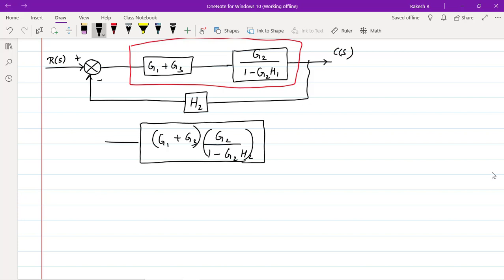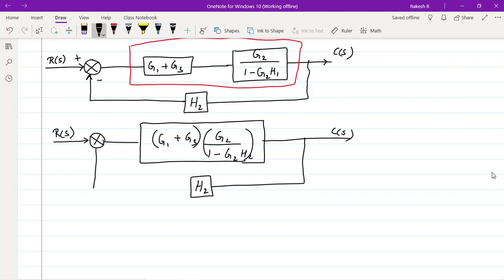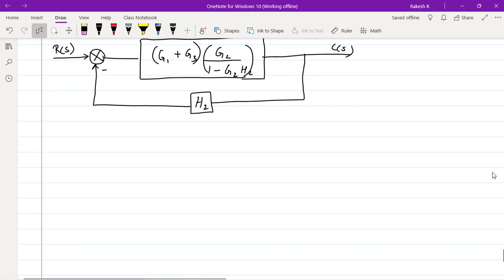And we have the input as R of S with the summing point and output as C of S, and we have the feedback, that is H2. The feedback here is the negative feedback. Right. Now we shall solve this block which is inside the brackets.